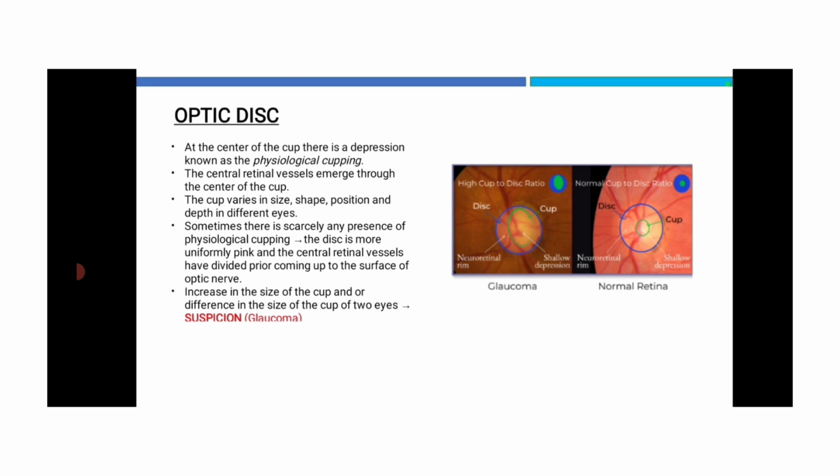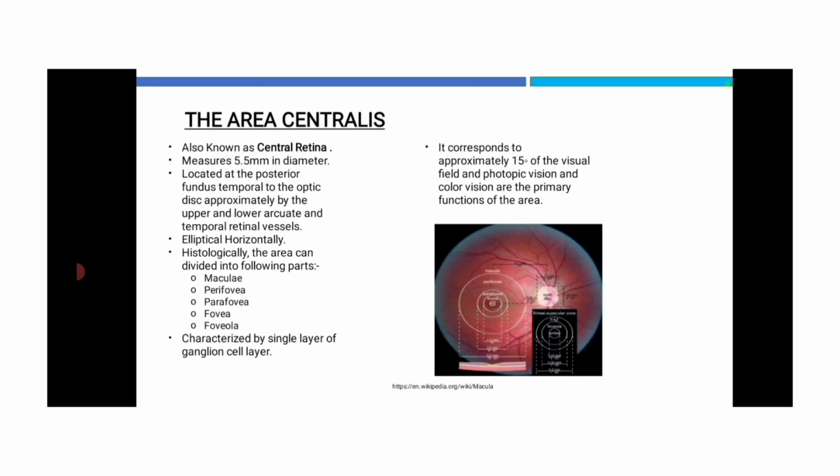Now let's shift our focus to an important region of the retina, the area centralis, also known as the central retina. This specialized area measures about 5.5 mm in diameter and is found at the posterior fundus, just temporal to the optic disc.